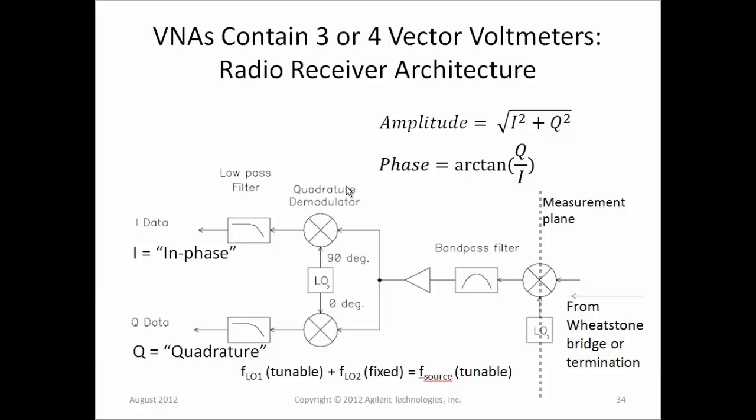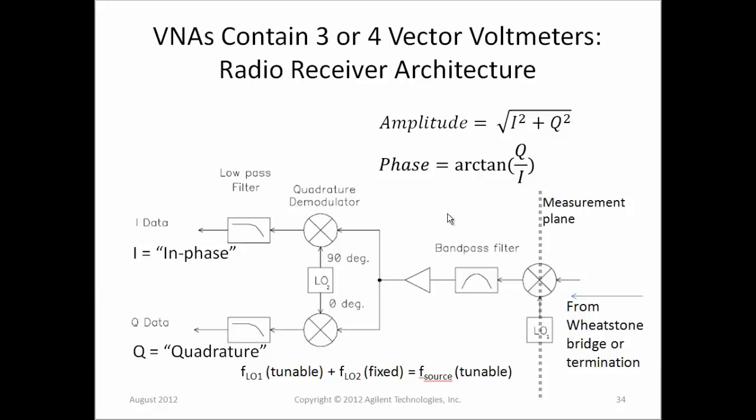And of course the trick is that you have to use these quadrature mixers, and you can do these electronics either in analog. These days this is usually done digitally. You digitize the output of the mixer or output of the bandpass filter, and can calculate all this in the digital domain.